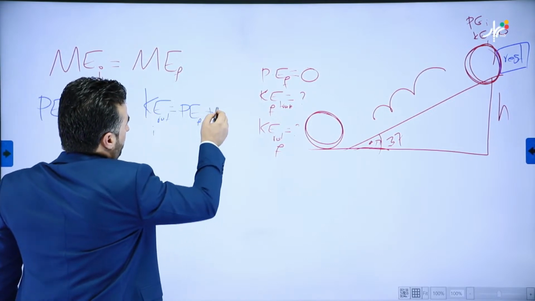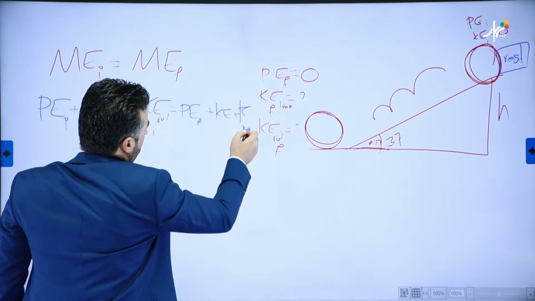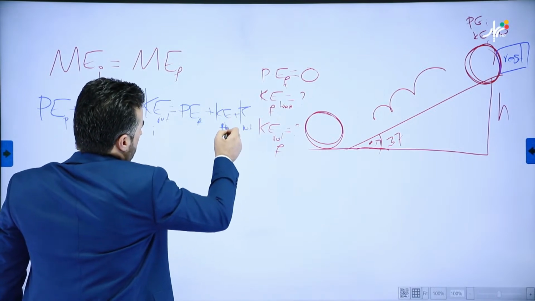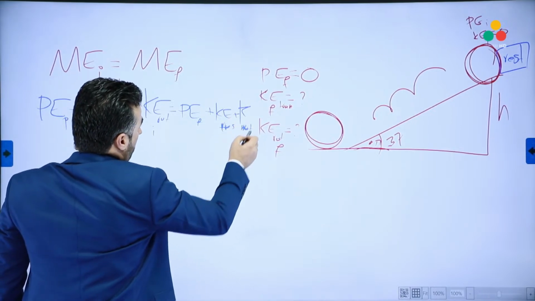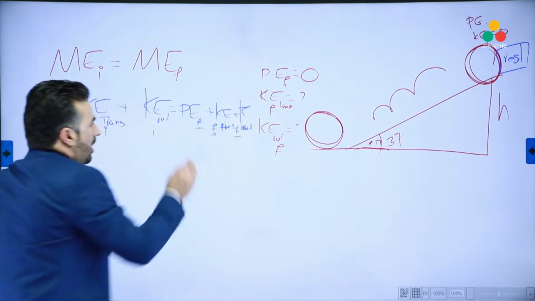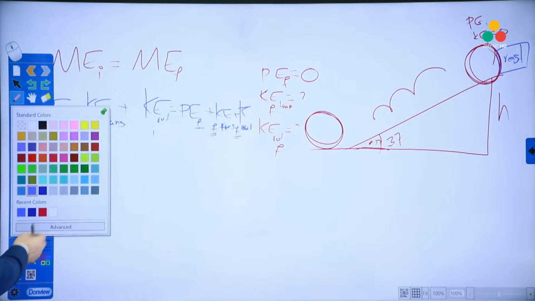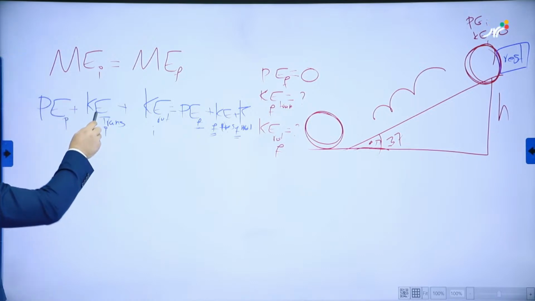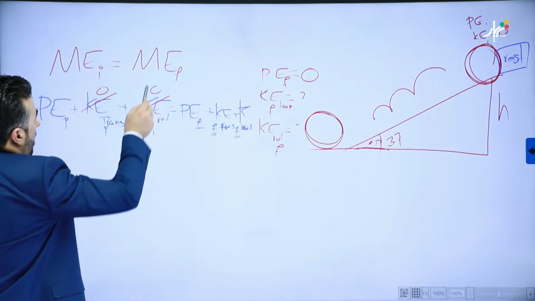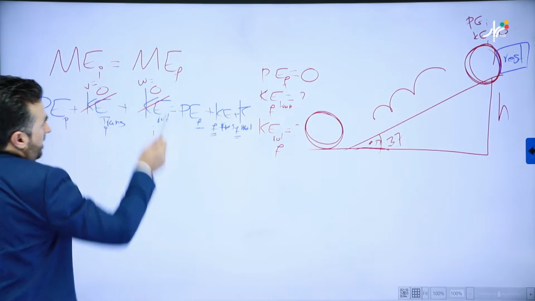Final potential energy plus kinetic energy of translation plus kinetic energy of rotation. Translation and rotation as well. So these will be final and final, of course. All right, now, remember, at the top, if the object is at rest, these two parts will be 0 and 0. Why? Because this speed here is 0 and omega here is 0.